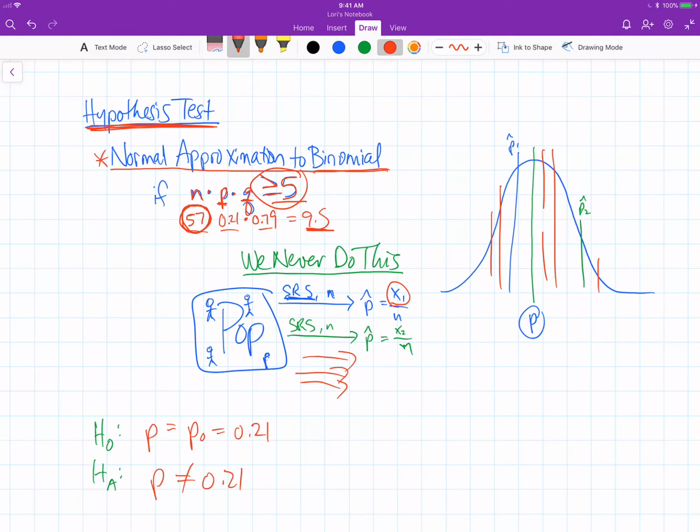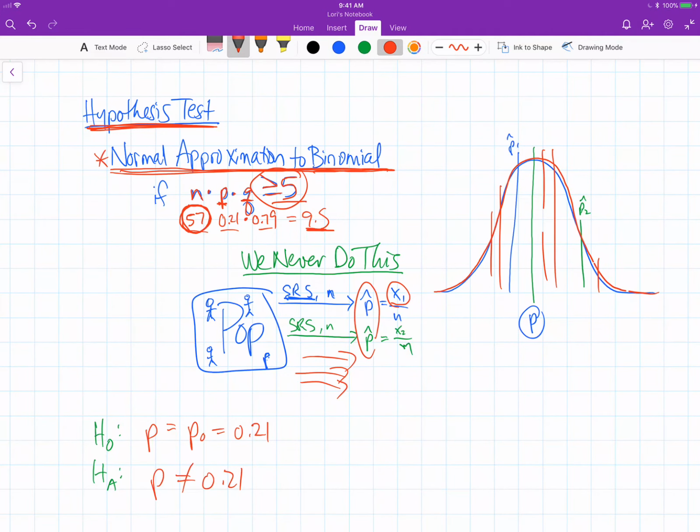And we would have a range. And so we end up being able to see this as this normal distribution. And that's what this normal approximation to the binomial is: it is a distribution of these hypothetical p-hats.